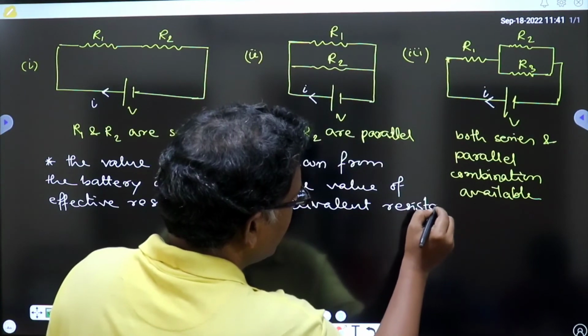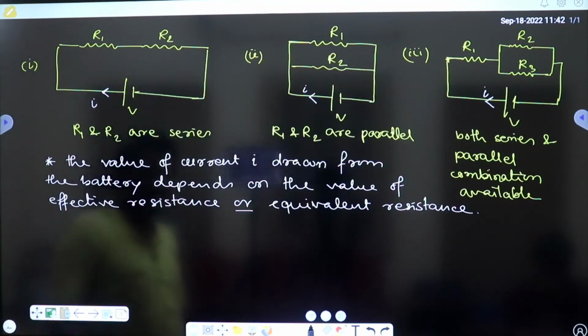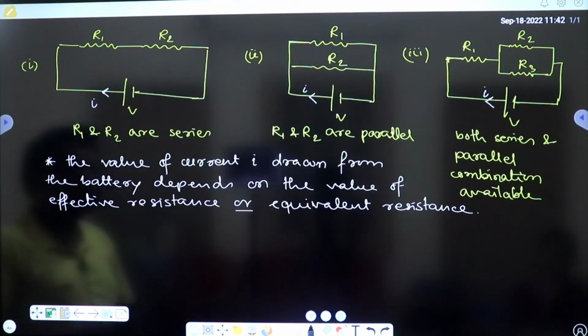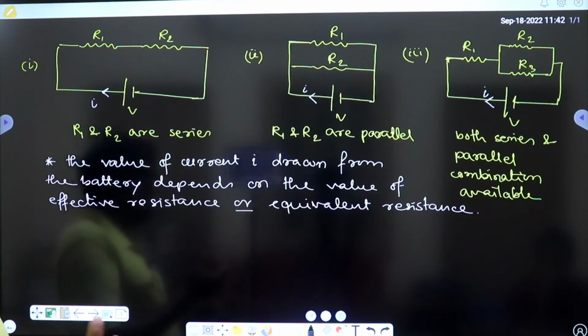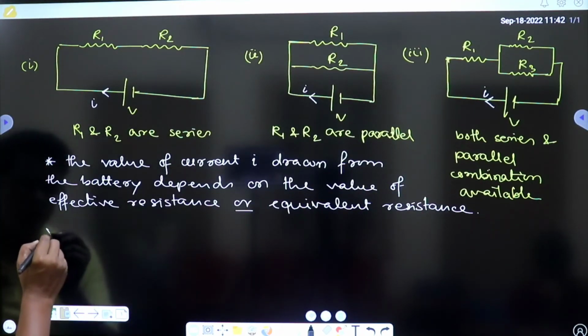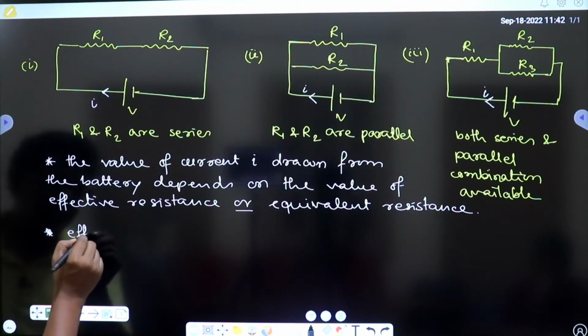Okay, how much current can be drawn from the battery in any one of these circuits will depend on the net value of resistance, effective resistance or single equivalent resistance. Now the question arises then, what is the meaning of this effective resistance?